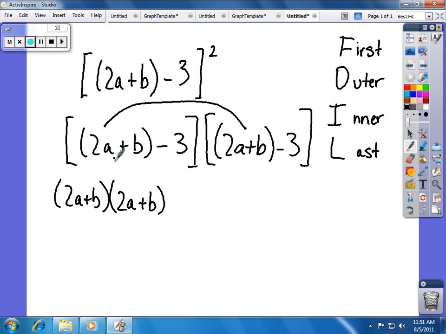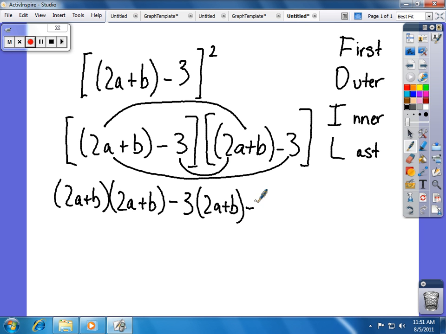Our outer, this term, times that one. So that's going to be minus 3 times that 2a plus b. We have the same term for our inner term, minus 3 times 2a plus b. And then our last terms are this negative 3 times negative 3, which gives us a positive 9.